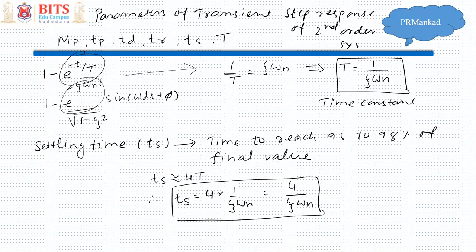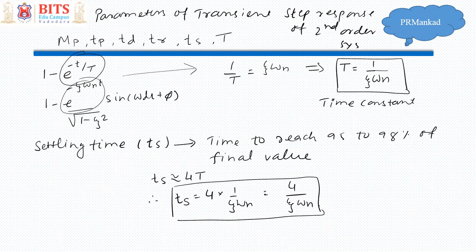You can see that the e raised to minus zeta omega n t term is similar to the e raised to minus t by T term of a first order system. So 1 by T is equal to zeta omega n, or I can say the time constant of the second order system is 1 over zeta omega n, right? This is how you can remember the time constant of the second order system.